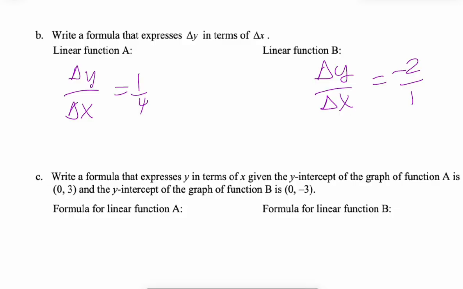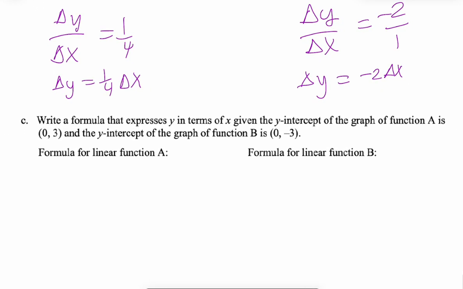So if we want delta y in terms of delta x, we want it to say delta y equals all the other stuff, including the delta x. So all we have to do is multiply it by the other side. So this one would be delta y equals 1/4 delta x. This one would be delta y equals -2 delta x. And that was one of the things in one of those boxes earlier.